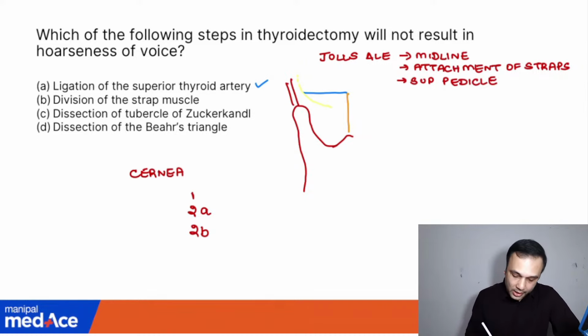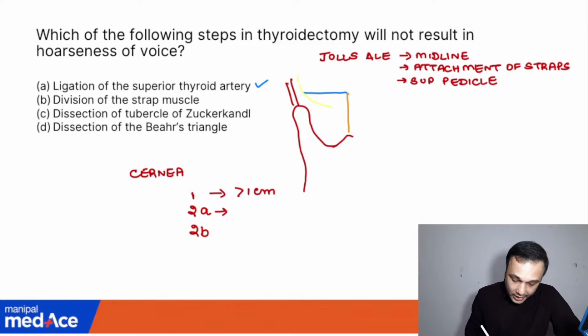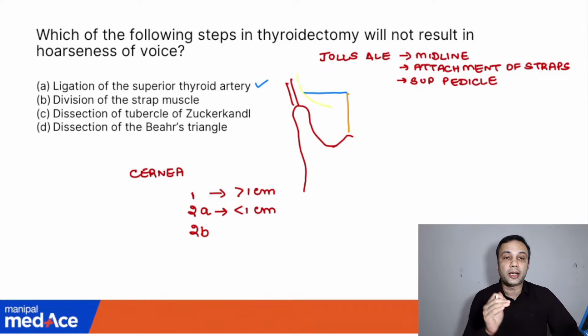In type 1, the external branch of the superior laryngeal nerve crosses the superior thyroid artery more than 1 centimeter above. In type 2A, the crossing of the superior thyroid artery and the external branch is less than 1 centimeter.